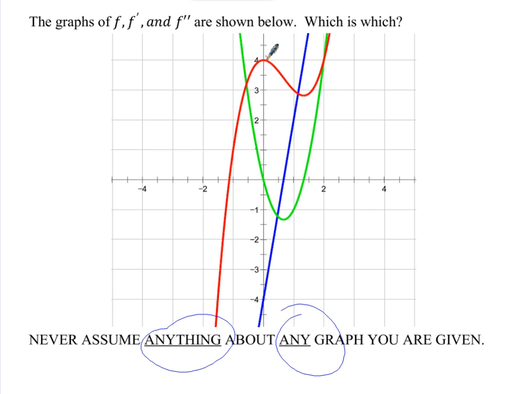Which other graph shows me that I have a slope of 0 in the original function if I'm looking at the graph of the derivative function? Assume that it's the blue one. This tells me that when my original function is around 0, I have a slope of -4. Is that the case if the red one is my original function? No. I have a slope of approximately 0.